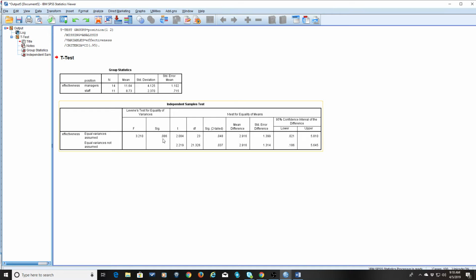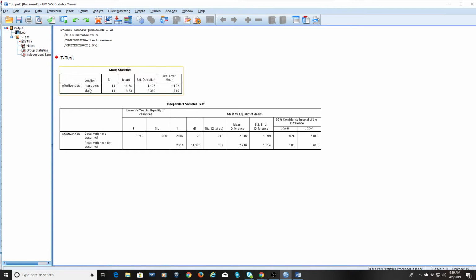So this number has to be more than 0.05, and indeed it is. So let's move over to this, the significance two-tailed. And again, we're comparing the difference between managers and staff. Is it significantly different? Is it more or less than 0.05?